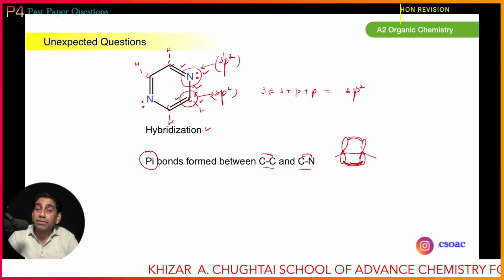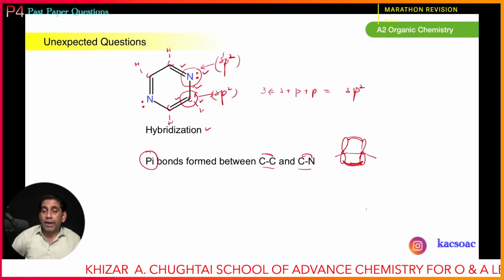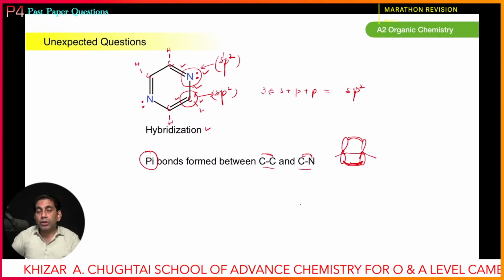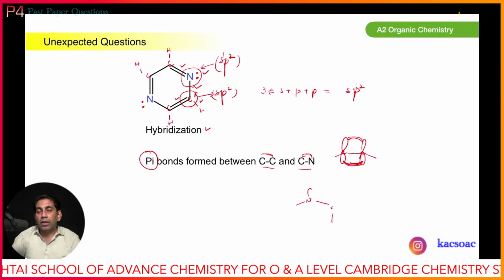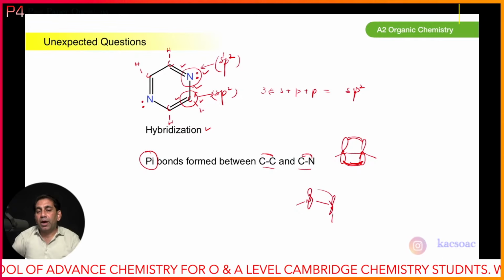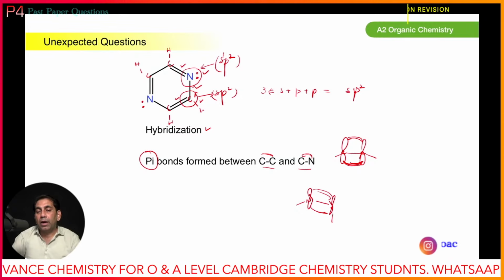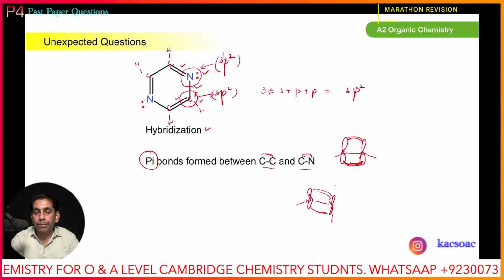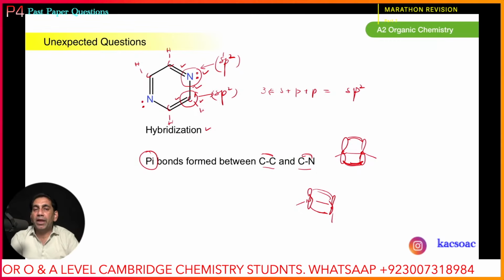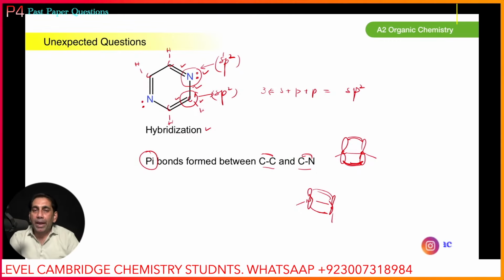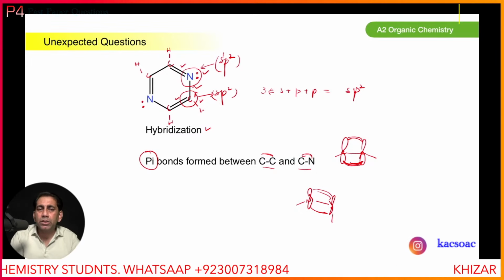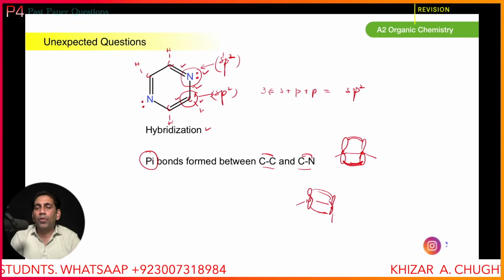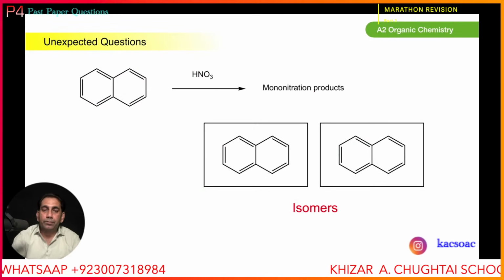And the same is the case with the nitrogen. If the nitrogen and carbons are lying over here, then again the p orbitals of nitrogen and carbon will overlap above and below the plane of the sigma bond to make the pi bond. There is only one way to make a pi bond, which is the overlapping of p orbitals.